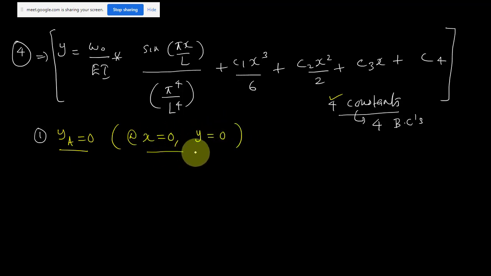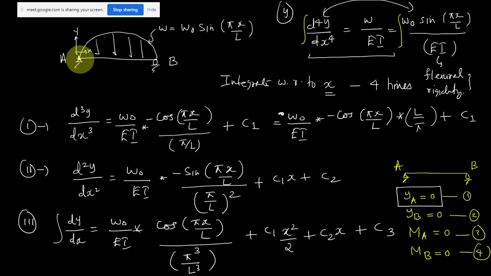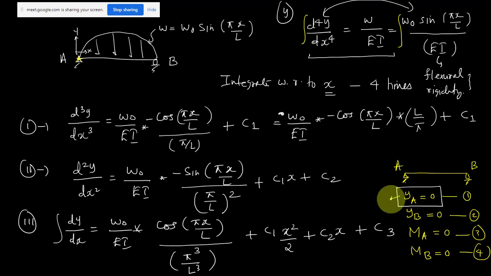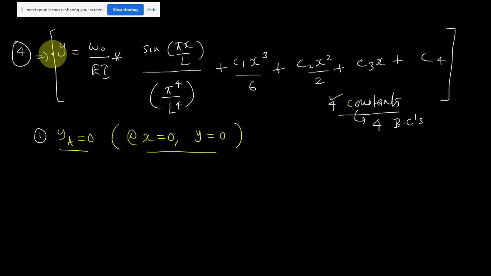Because at point A, the value of x is 0. So at x equal to 0, your y value will be 0. That is what this boundary condition is. So you can apply this condition to this equation.